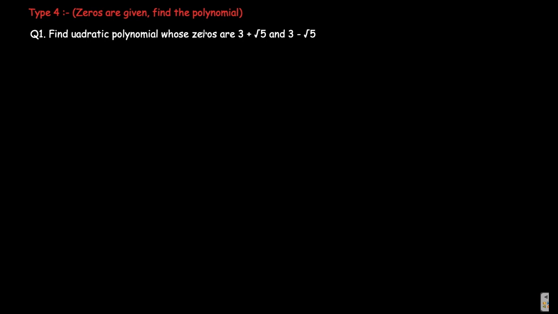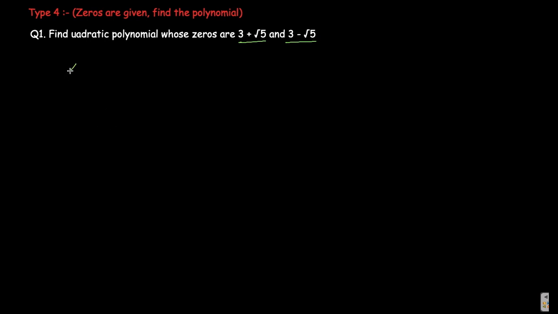The zeros are given, find the polynomial. The zeros 3 plus root 5 and 3 minus root 5 are given. It is a 2 marks question, and we have to find out the polynomial. Again the same thing: x square minus sum of the zeros into x plus product of the zeros.